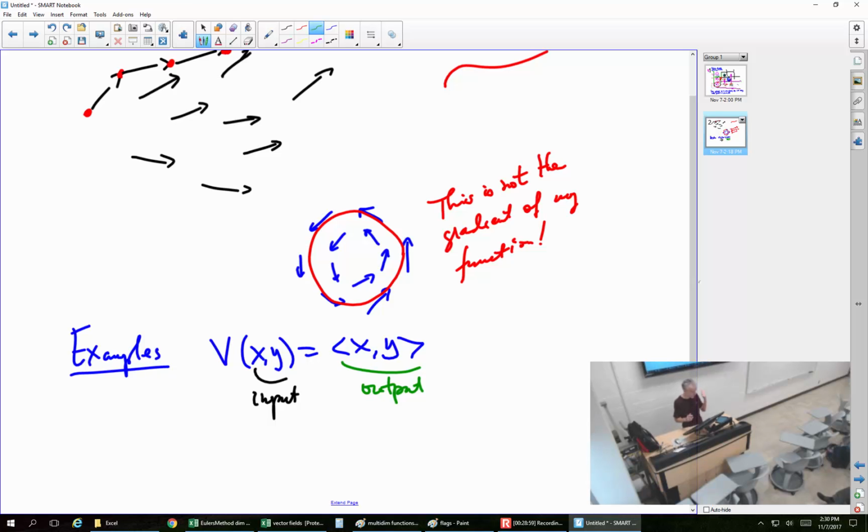There are other interpretations of functions of two variables from 2 to 2, but here these are points and these are vectors. So every point (x,y) has a vector attached to it. So our V(x,y) is here somewhere.